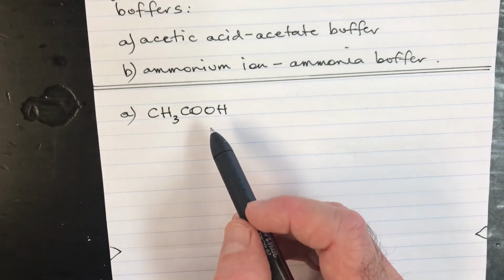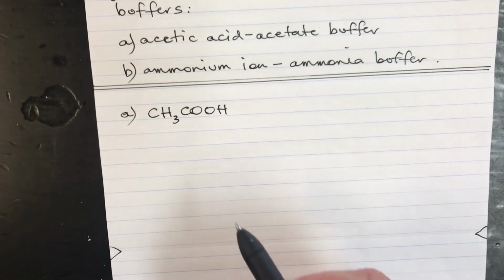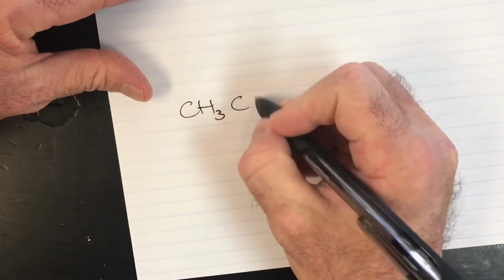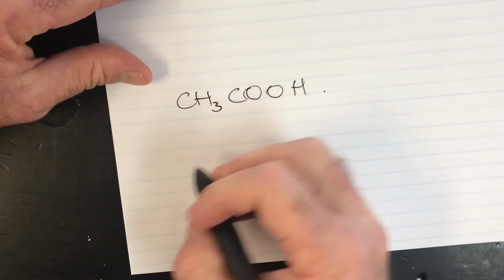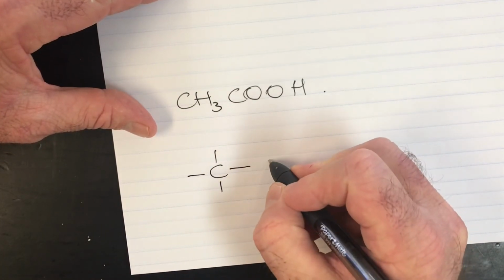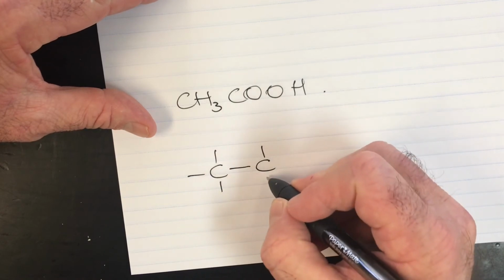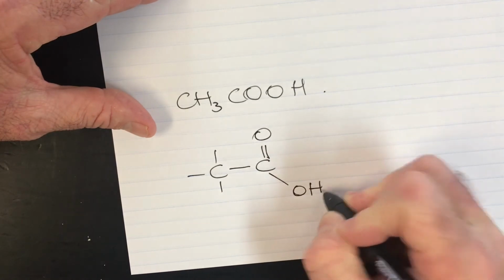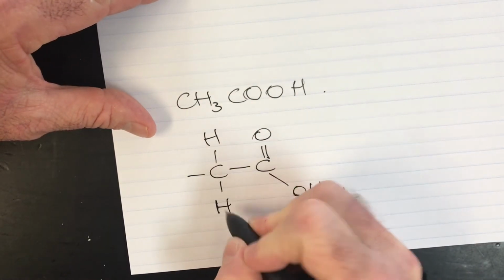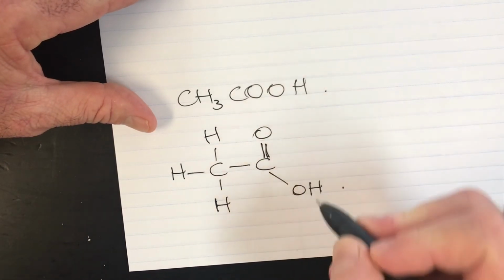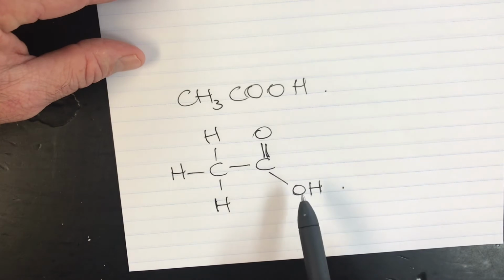We're about to start in Unit 4, Organic Chemistry. If you had to write down the structural formula for acetic acid, it's this. That's the structure of the acetic acid molecule.